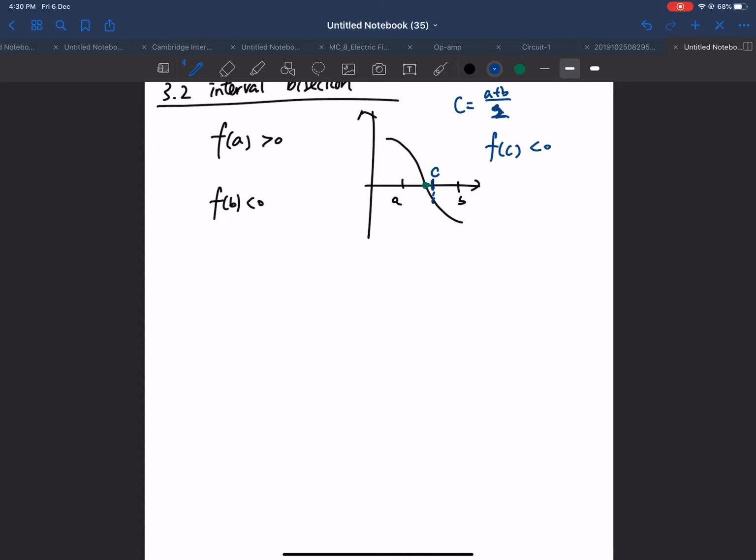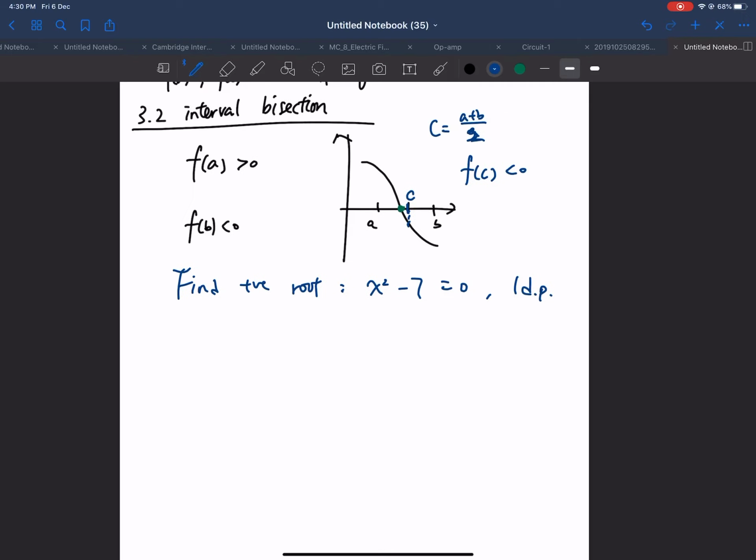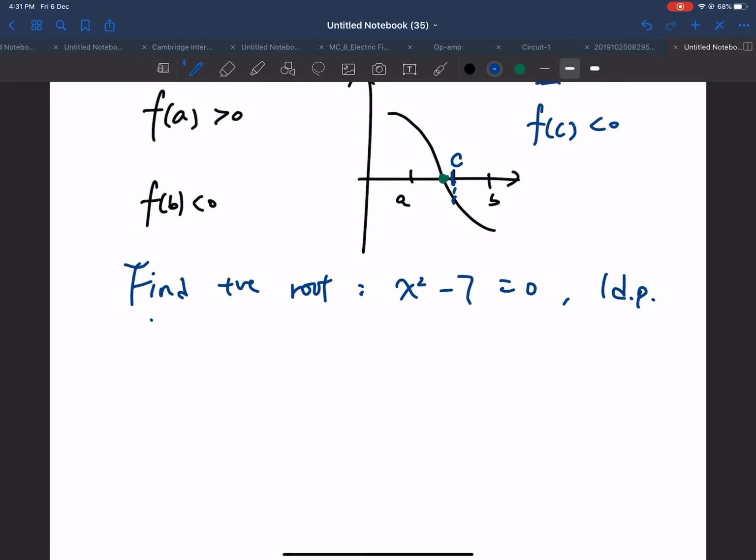Question 1 says to use this method to find the positive root for this equation, correct to 1 decimal place. So what should we do? First of all, let the function f(x) be x squared minus 7.